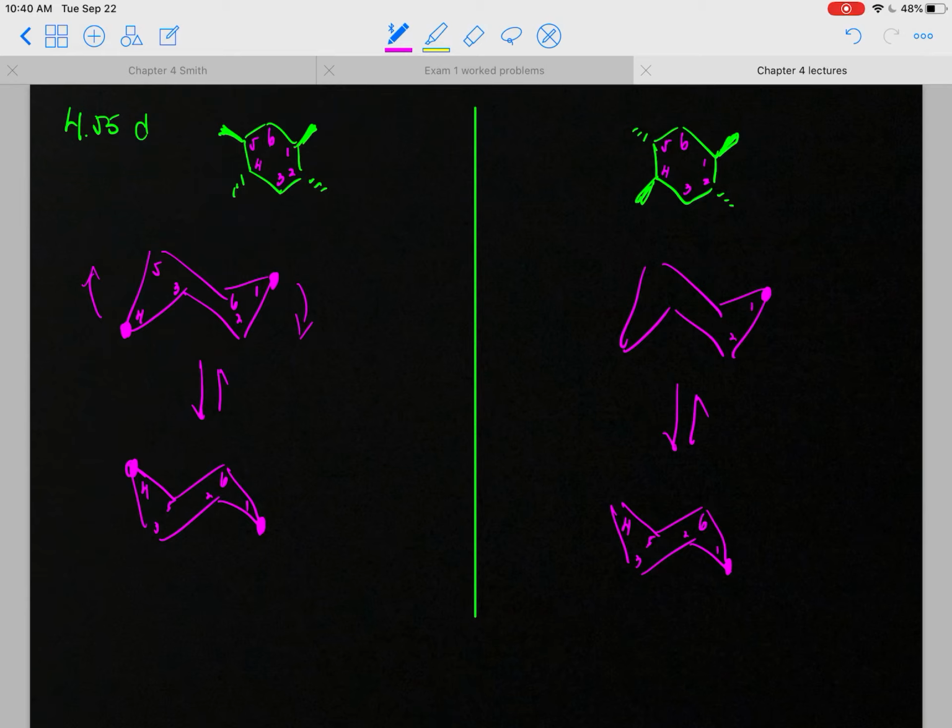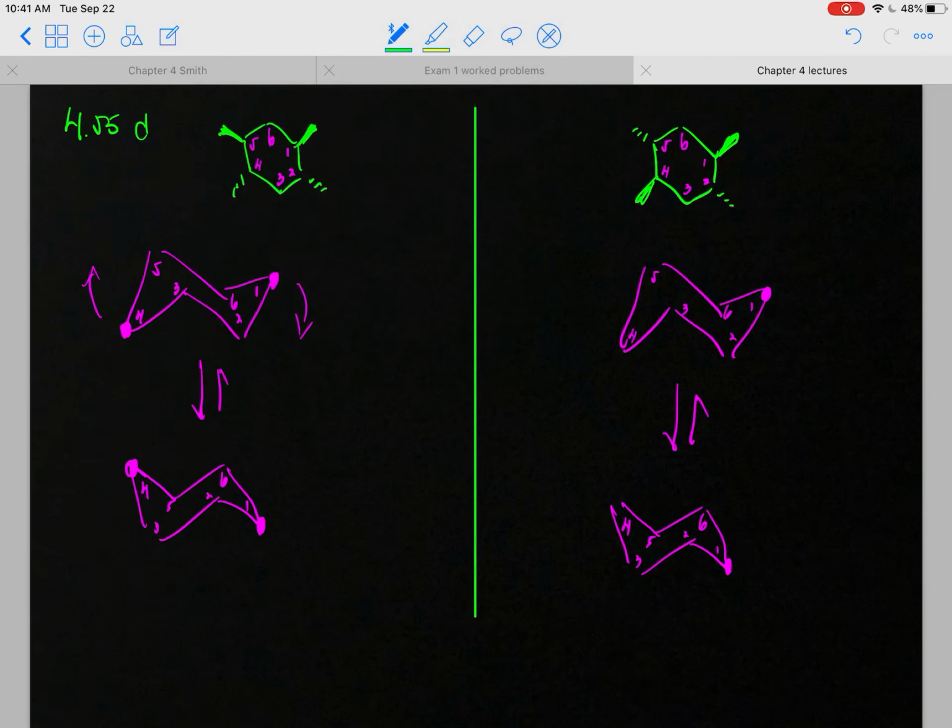Most of the problem is just setting up the template and getting things squared away. If you switch one of these and you do it counterclockwise, you'll accidentally draw the enantiomer or something else. For this problem, it doesn't matter, but for some it really does.